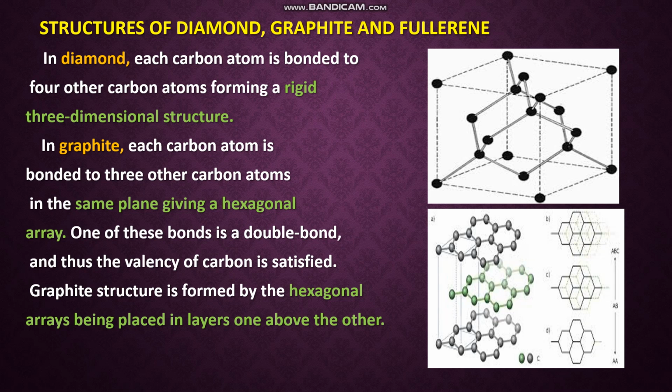So, we have now seen diamond, which has a 3-dimensional structure where one carbon is bonded to 4 other carbon atoms. Graphite has a hexagonal structure in the same plane, and these hexagonal structures are arranged one above the other. Because of the difference in structures between diamond and graphite, they have different properties.